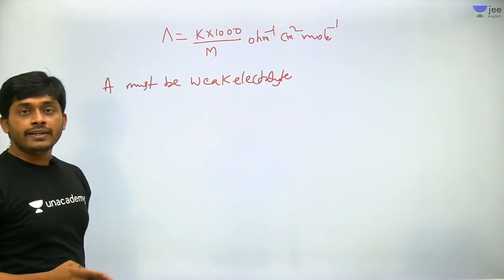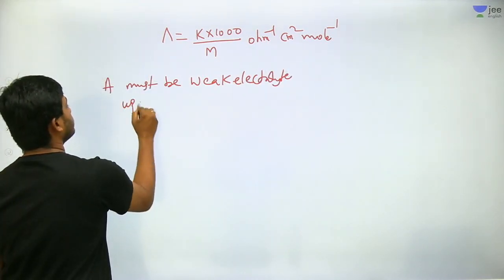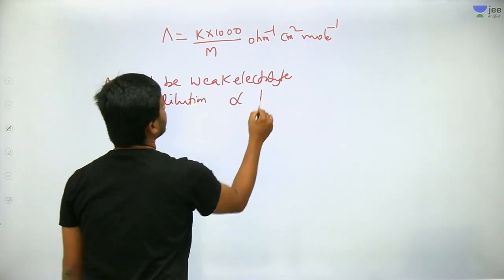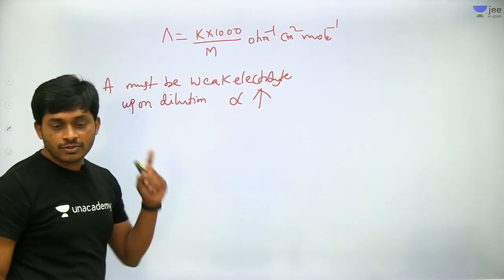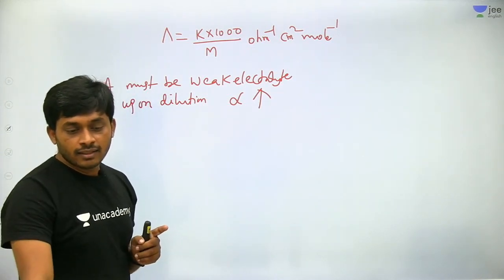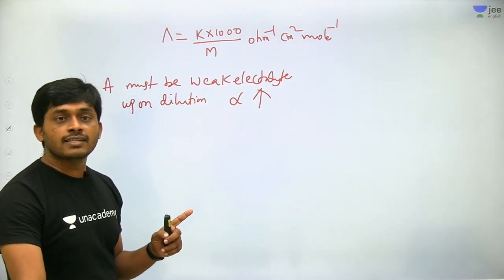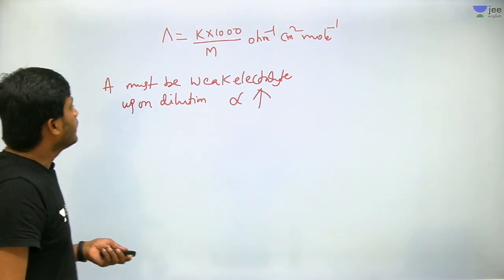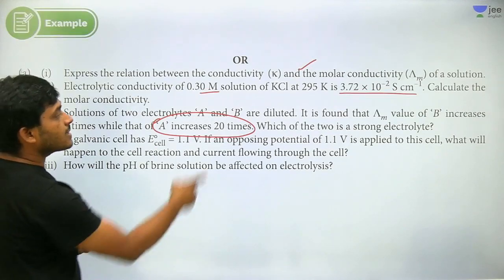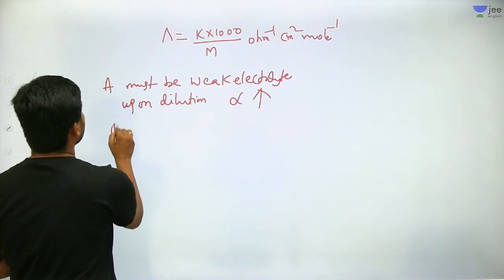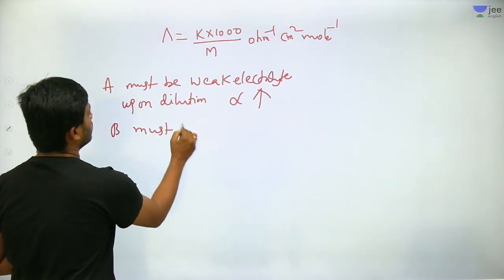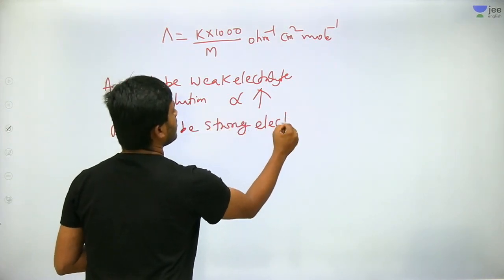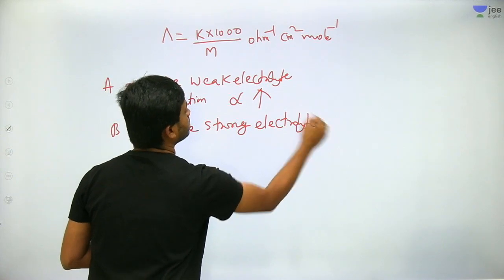In a weak electrolyte, upon dilution alpha, the degree of dissociation, increases, so that's why conductance increases. Okay, so which is the strong electrolyte? B must be the strong electrolyte.